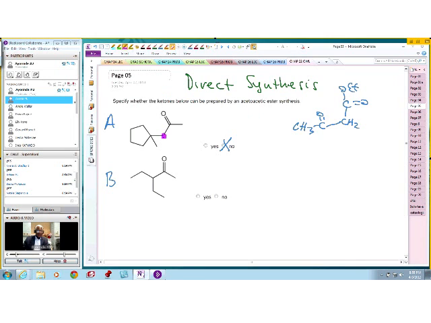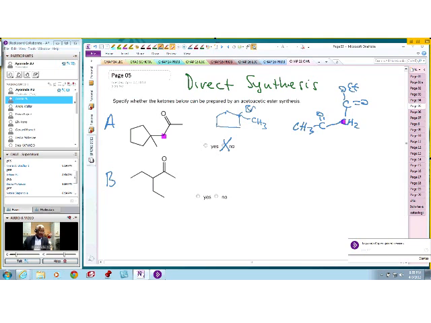This carbon here is this carbon. Now, in order for us to make this compound, the alkyl group that we need will have to be a tertiary alkyl group, and we cannot do that.